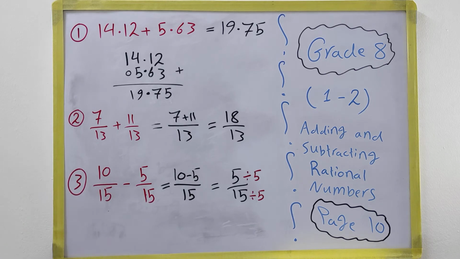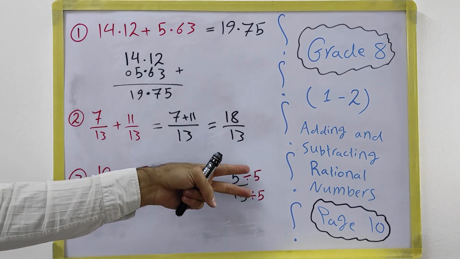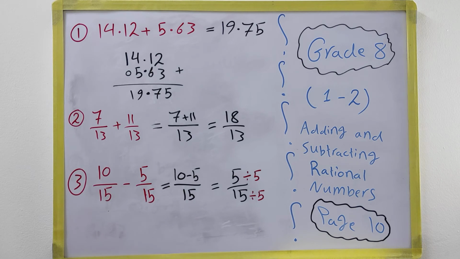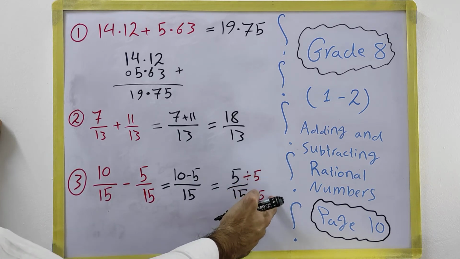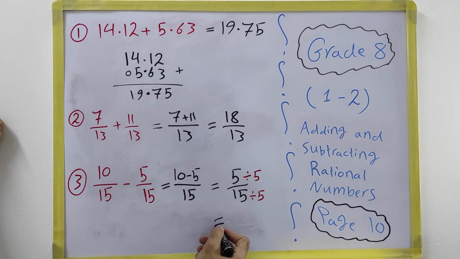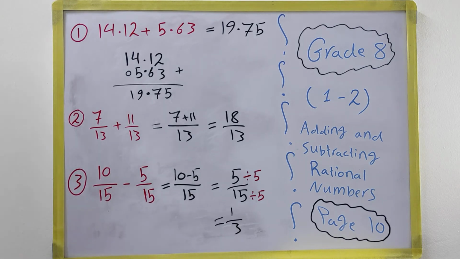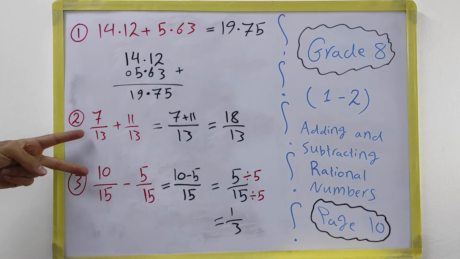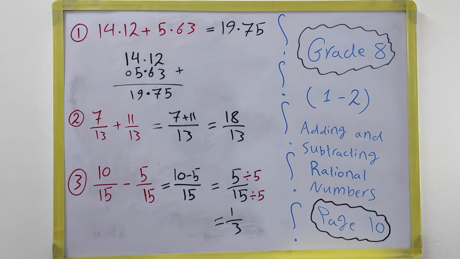By this way as well you can, but both of them must be divided by the same number. You cannot divide by 5 and by 3, two different numbers, no. It must be 5 and 5, or 2 and 2, or 3 and 3, like that. 5 divided by 5 is 1, 15 divided by 5 is 3. You will get the same result as before. Now this is how we did addition and subtraction for fractions that have the same denominator.